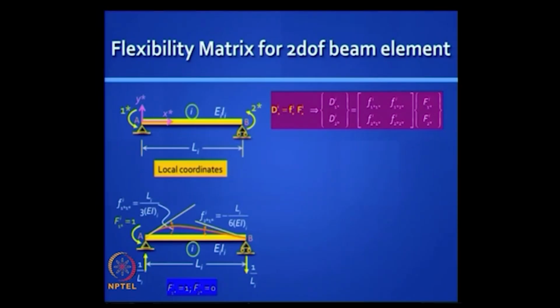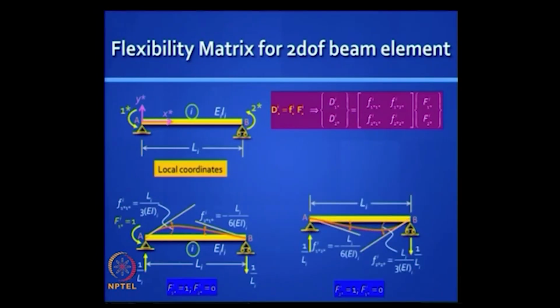You know the 2 end rotations. One will be L by 3 EI, and at the other end it will be L by 6 EI. And it is important to note that at the other end you will get a direction which is opposite to the direction you get at the first end. So you have to put a minus sign when you write the stiffness matrix.